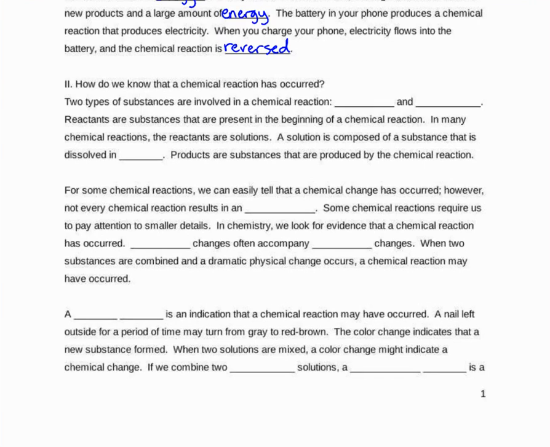So how do we know that a chemical reaction has occurred? First, a couple of terms. We have two basic types of substances in the chemical reaction. We have reactants and we have products.